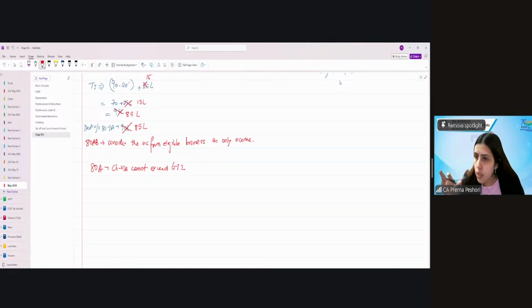Fine. So my total income will be computed considering the losses under section 70. And then I will allow the Chapter 6A deduction. But my Chapter 6A deduction will be restricted to my gross total income. I cannot exceed that.